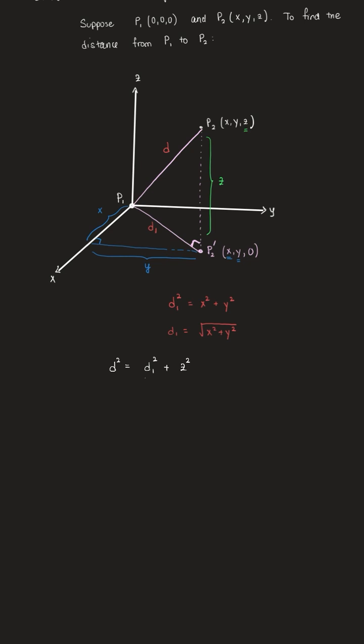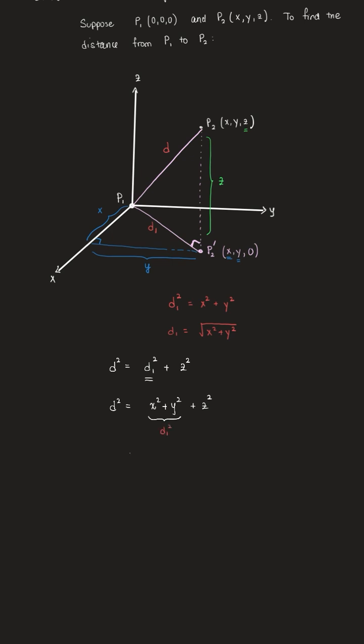But we know d sub 1 squared, we found that using x and y on the xy plane. It is x squared plus y squared. So we substitute for d1 squared, x squared plus y squared, and then we have plus z squared.